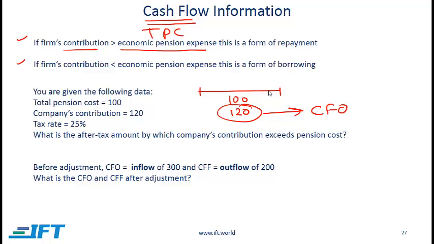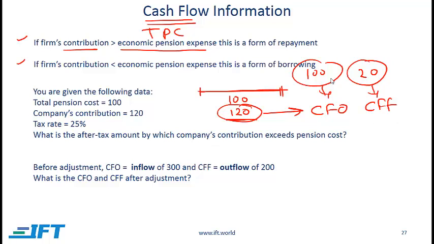However, if we have a total pension cost of 100, and the company is making a contribution of 120, the extra 20 is reducing the pension liability. So since the pension liability is being reduced, the 20 should really be categorized under cash flow from financing. So 100 should go to CFO and 20 should go to CFF.